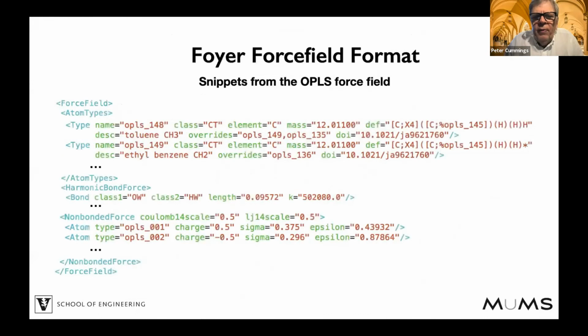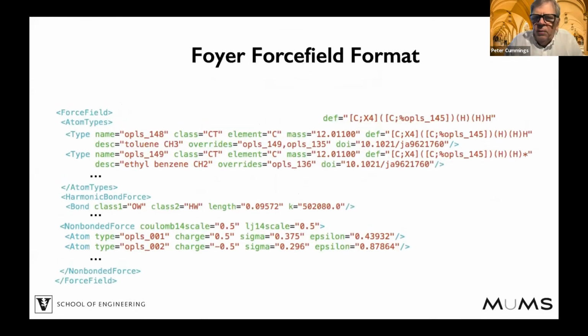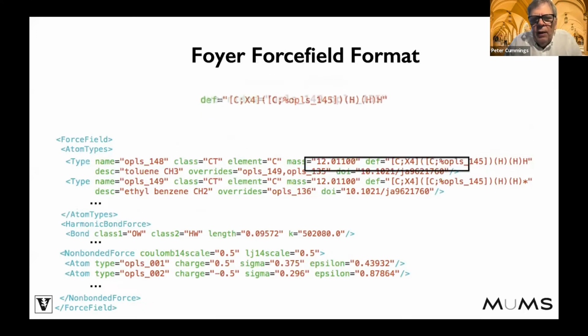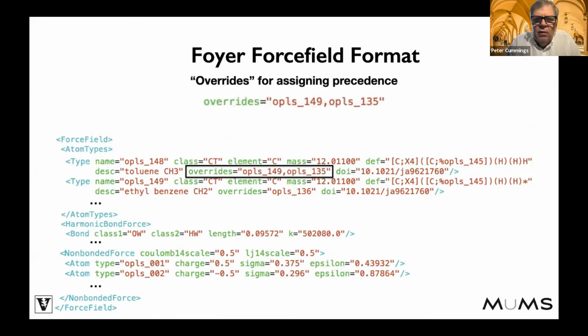This is just a snippet from the OPLS force field, and this is the SMARTS definition that tells you what molecule we're looking at. I don't have time to go into this in a lot of detail, but for carbon there are literally hundreds of different carbons in OPLS, depending on where they exist in the molecule.